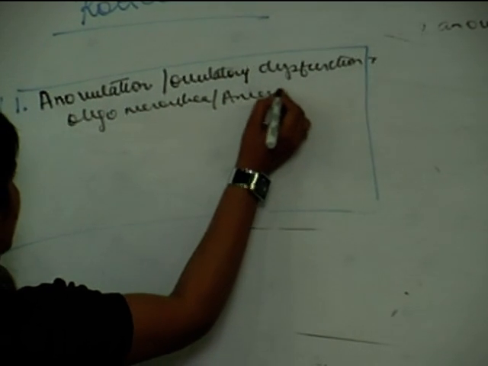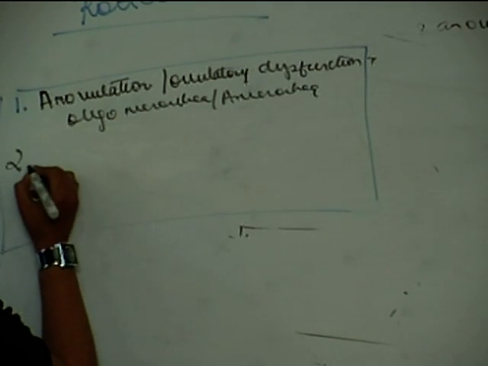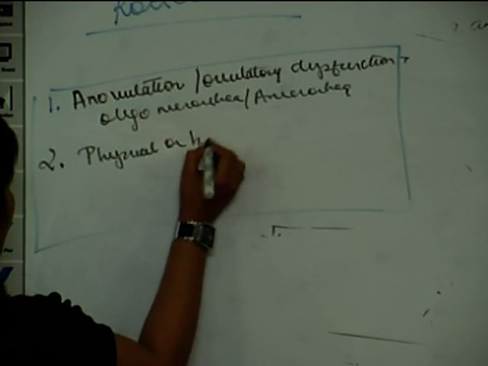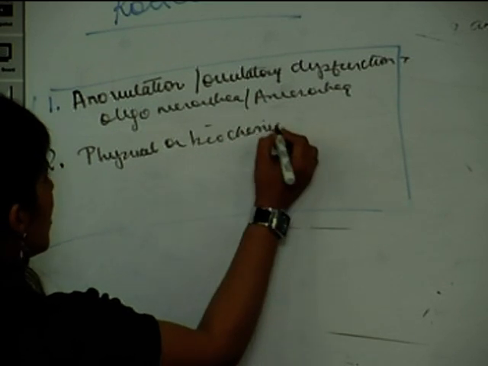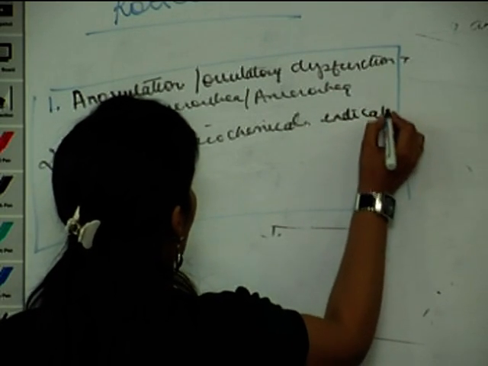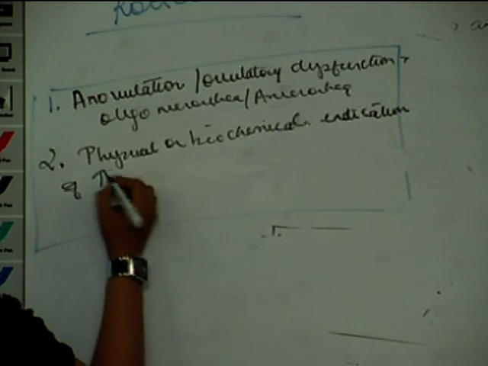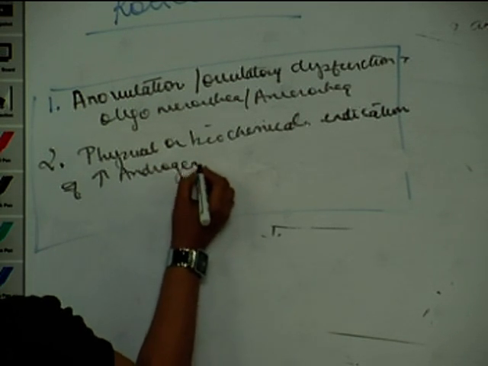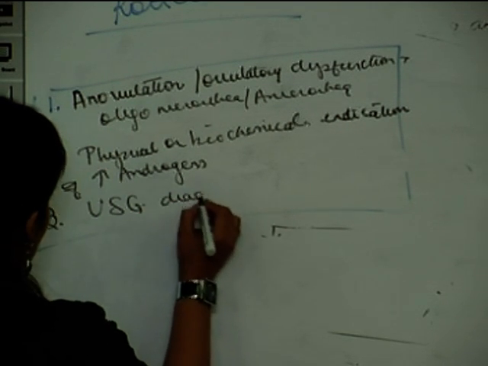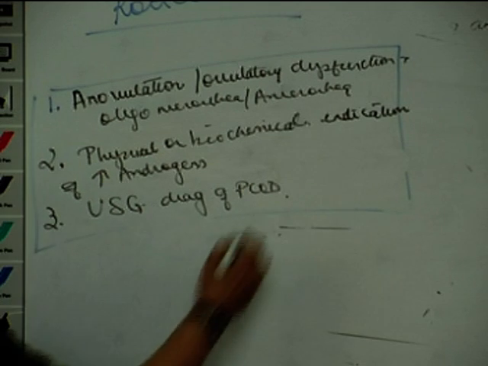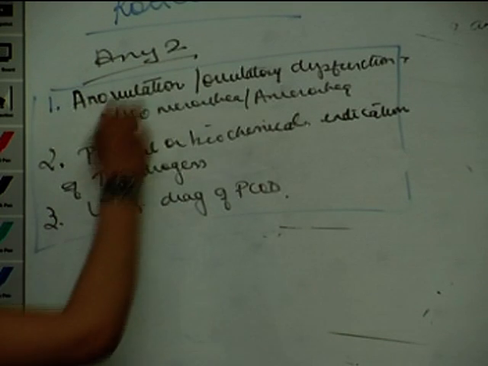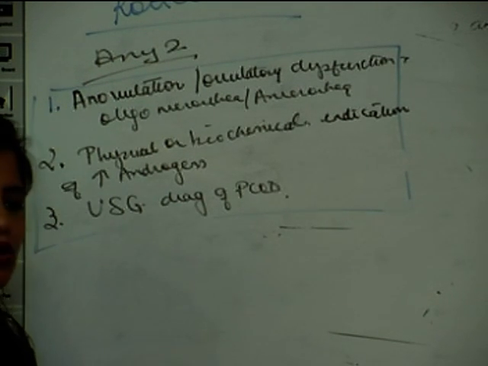Number two criteria is physical or biochemical indication of increased androgens. And number three is ultrasound diagnosis of PCOD. So out of these three criteria, if any two criteria are being fulfilled, we classify the patient as that of PCOD.